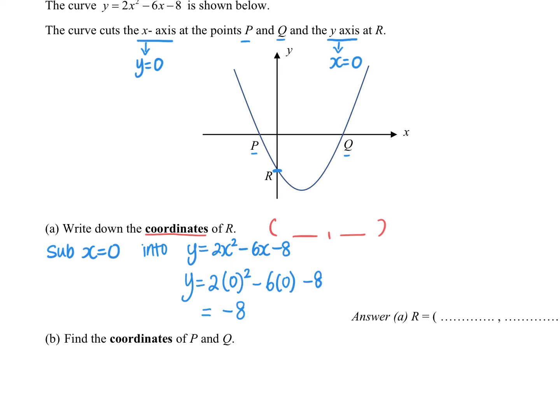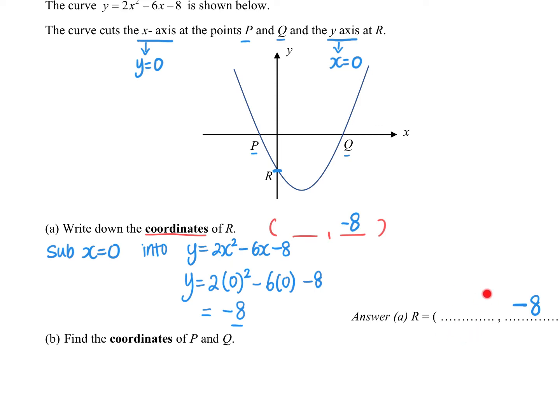But is this our final answer? Is negative 8 our final answer? No, the question asked for coordinates. Now I know that the value for y is negative 8, so my y coordinate is negative 8. But what's my x coordinate?